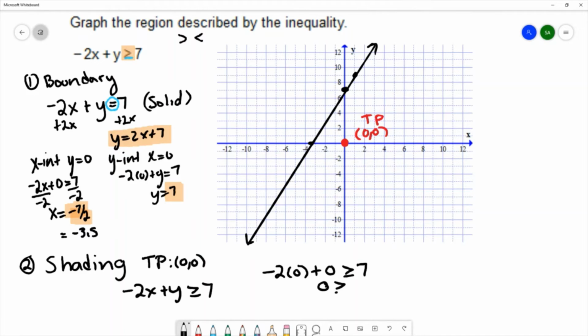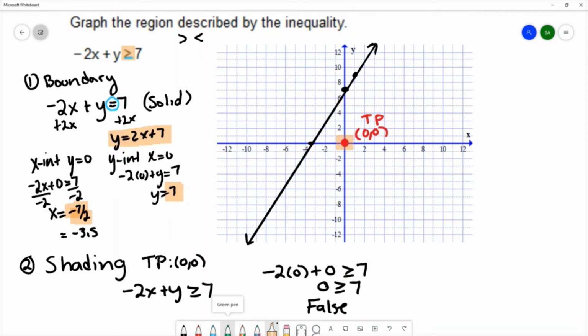And that gives me the statement 0 is greater than or equal to 7. And that statement is false. So what that tells me is that my test point of 0, 0 is not a solution to my inequality.